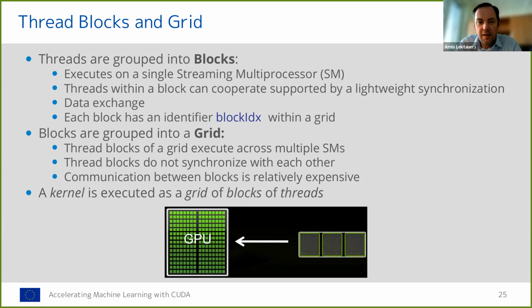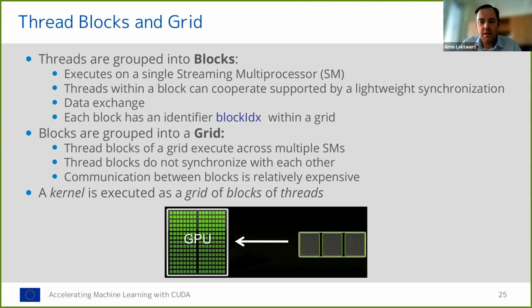An important thing is that threads within a given block can easily cooperate with other threads. The support for coordination and cooperation is very well supported by hardware, therefore the cooperation is lightweight and very well synchronized.